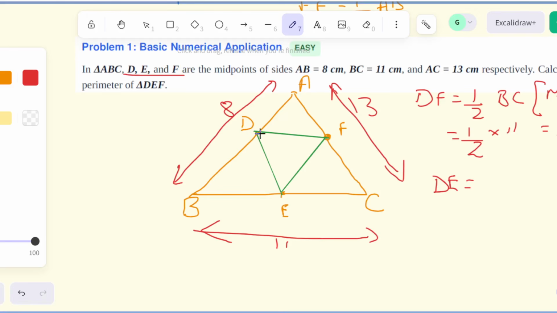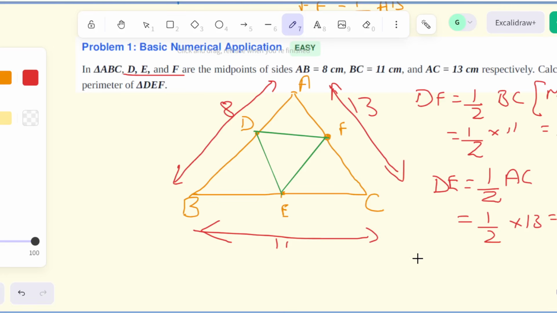No, this is the side, DE. So DE will be parallel to AC, right? So this will be equal to half into 13, so basically 13 over 2.